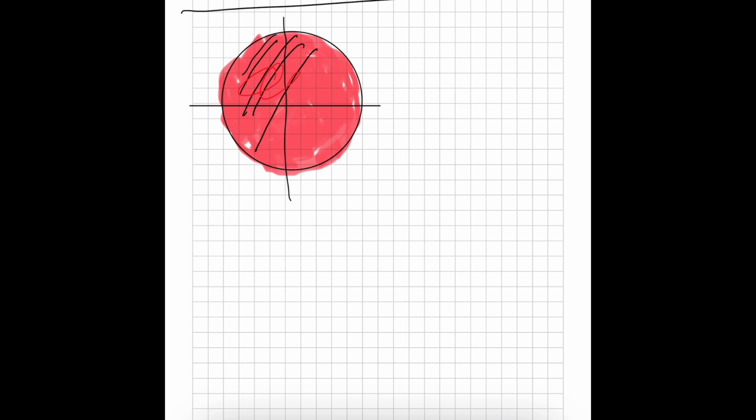So this is my disk. We can assume a ring of some small width, dx. This is my ring of some small width.